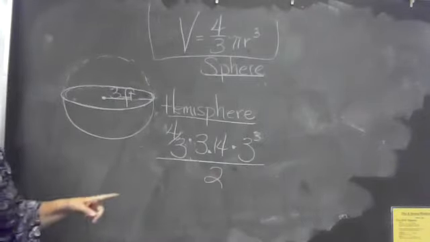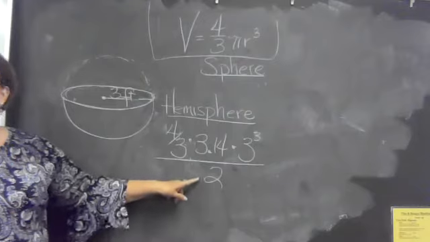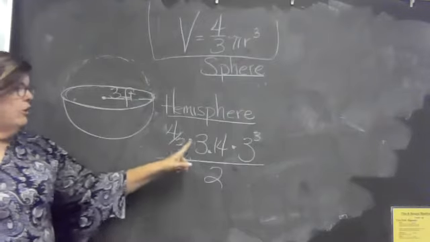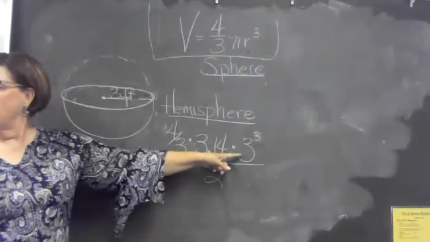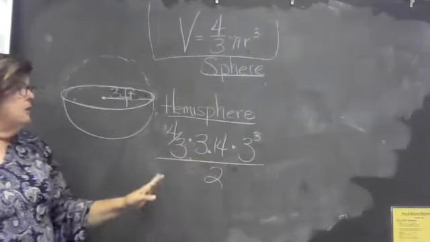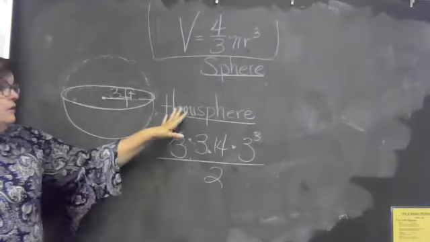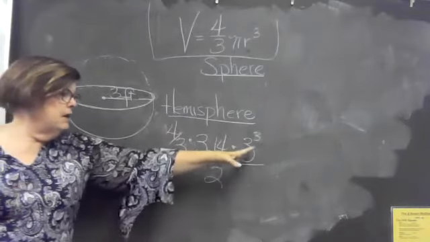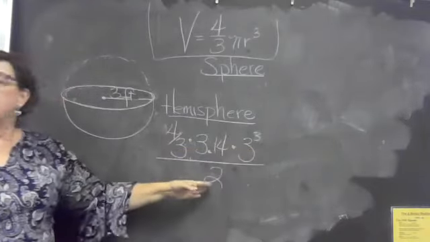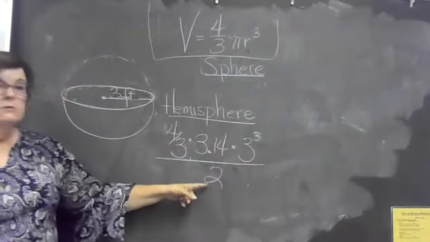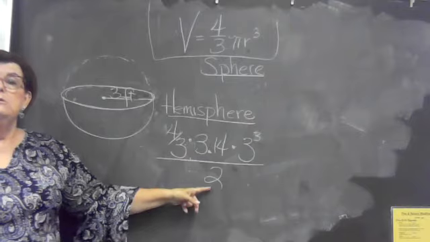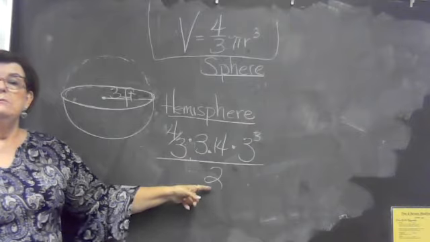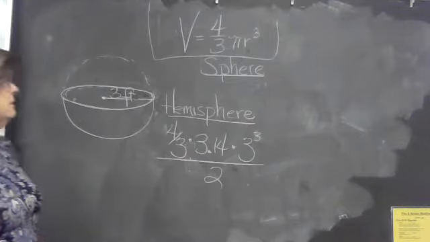The reason I'm telling you to do this immediately is because after you do all this work, you're going to think you're finished and you're going to forget to divide by 2. So if it's a hemisphere, write the volume down, but put divided by 2 before you start working so you don't forget. Everybody good with that? All right.